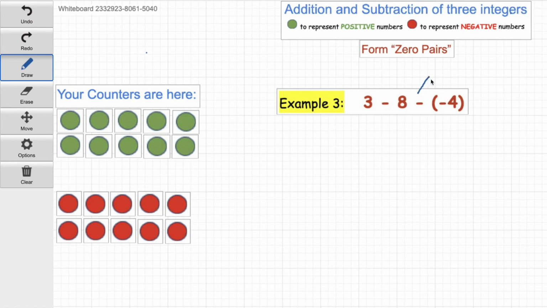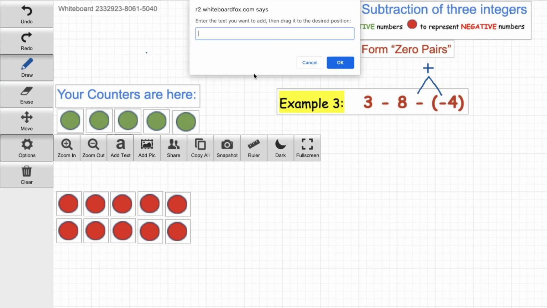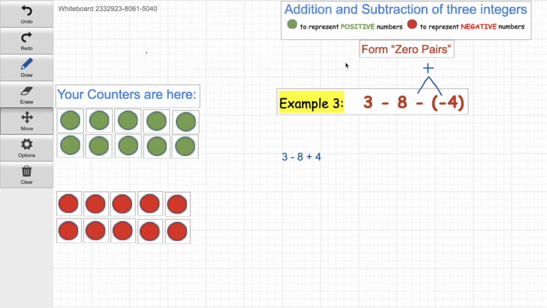And negative negative is going to give us a positive value. So what we can do here is to rewrite the expression. So the new expression is going to be 3 minus 8 plus 4. So this is our new expression.